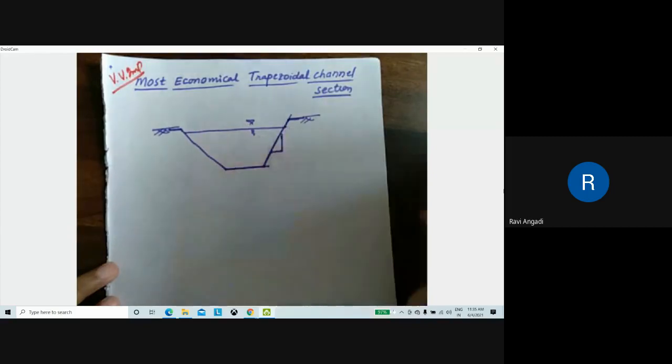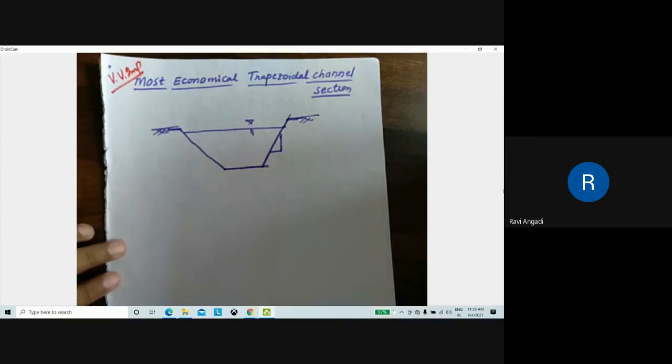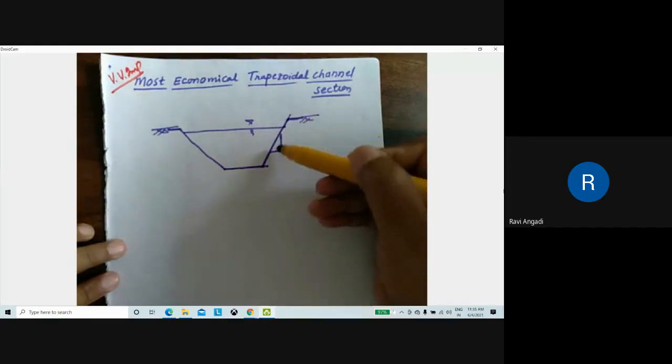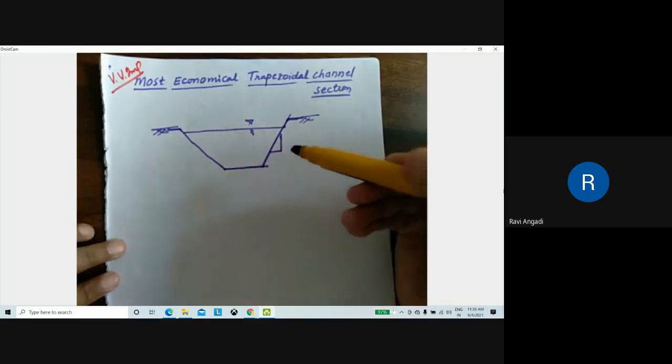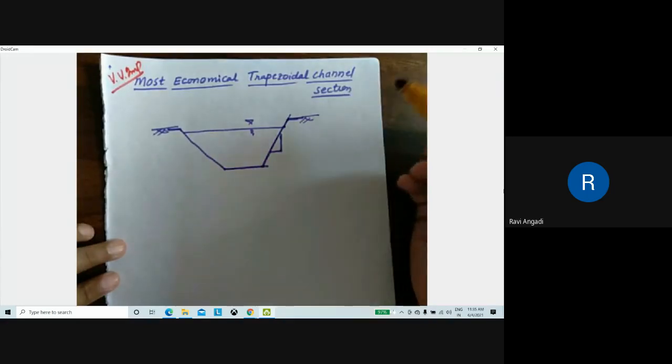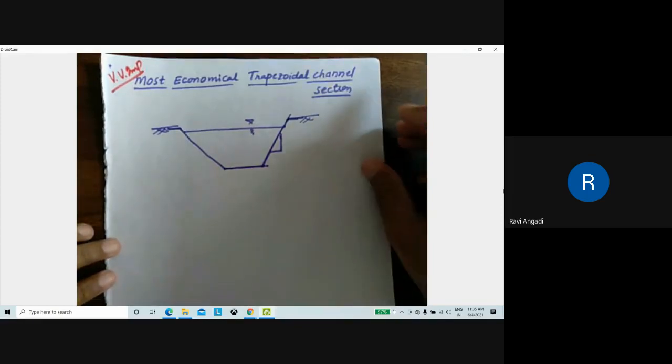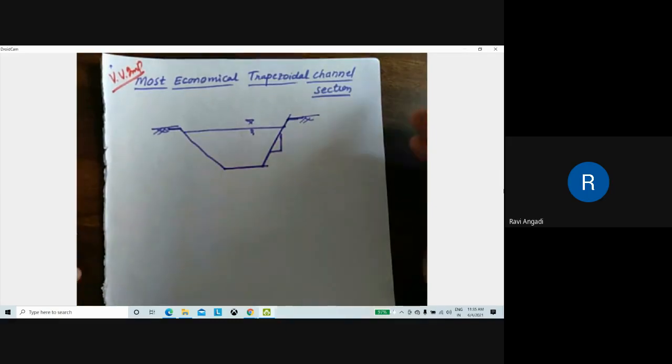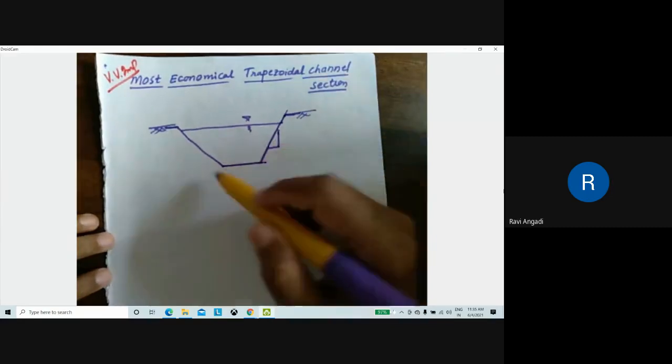So whenever you do the design, you will know what slope to provide for the sides.